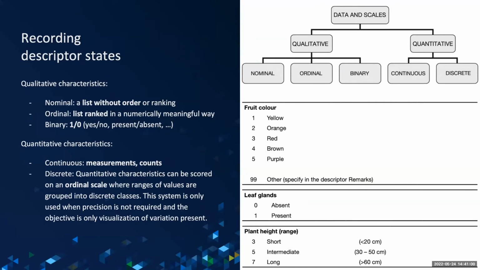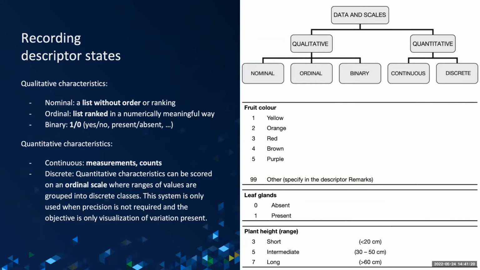And it is basically an ordinal scale, like in this case here, where the values, or the ranges of values, are grouped into discrete classes and then are represented as an ordinal scale.